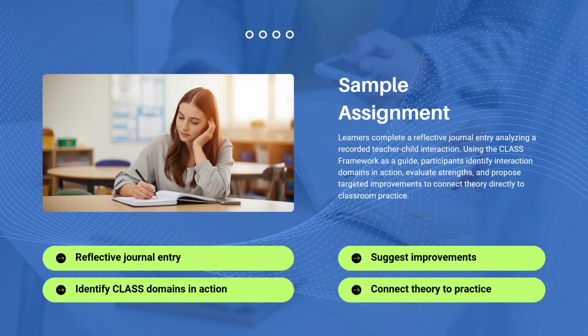The sample assessment, excuse me, the sample assignment would be a reflective journal that staff will complete after module one.